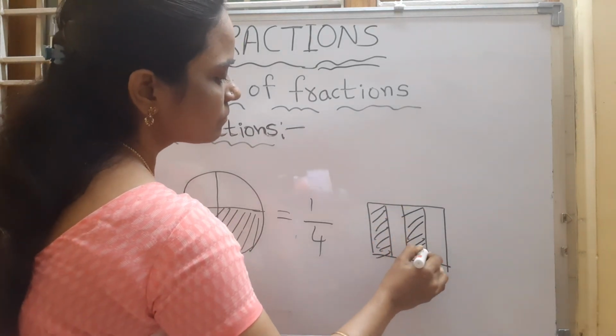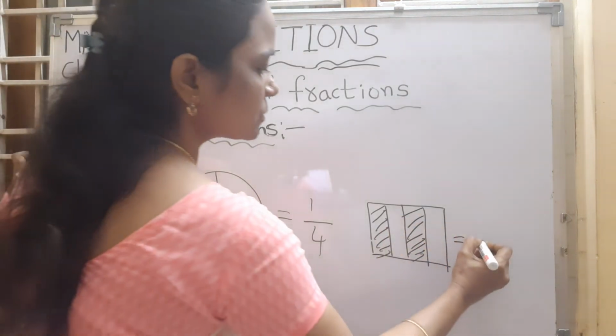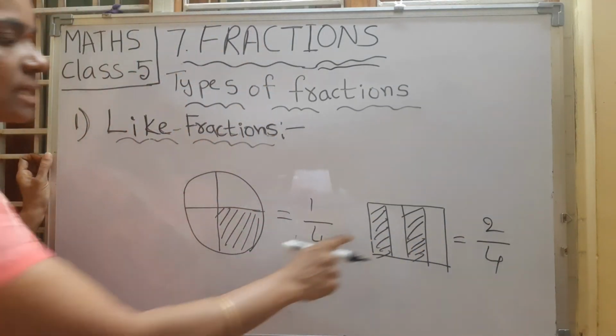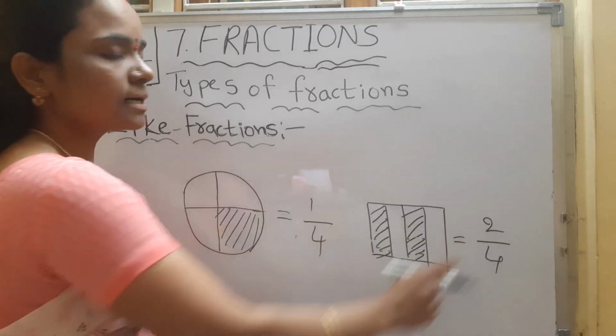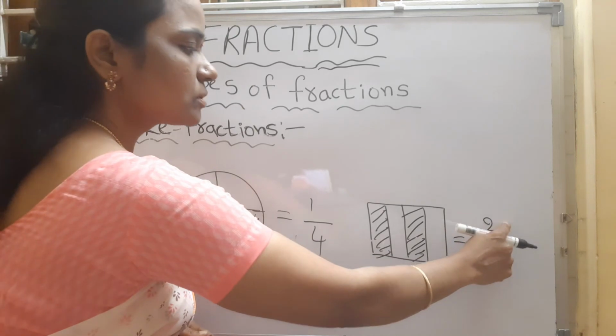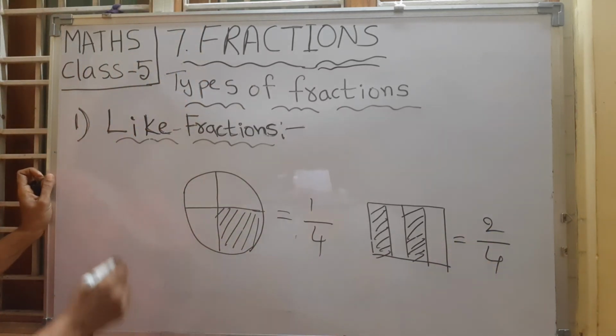What is the fraction for the colored part? Total there are 4 equal parts. Out of 4 equal parts, only 2 are colored. Very good. 2 by 4. And take another example.